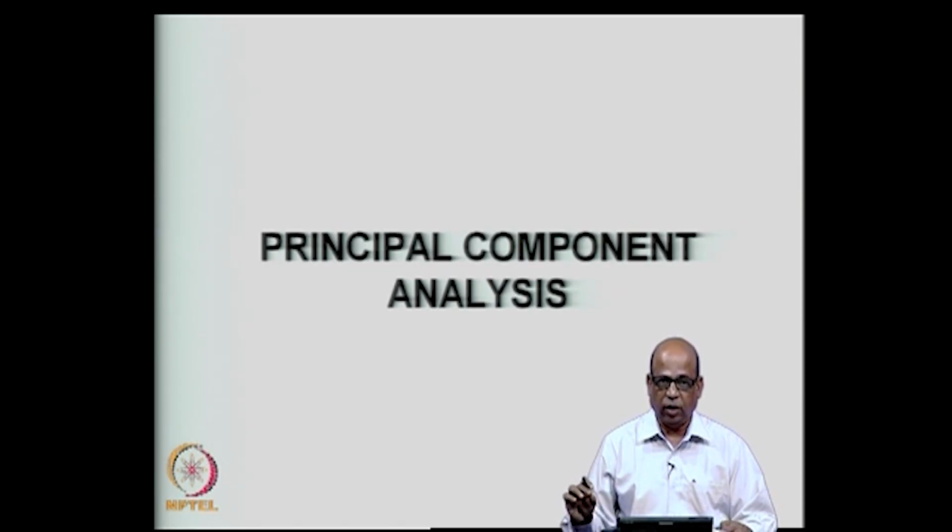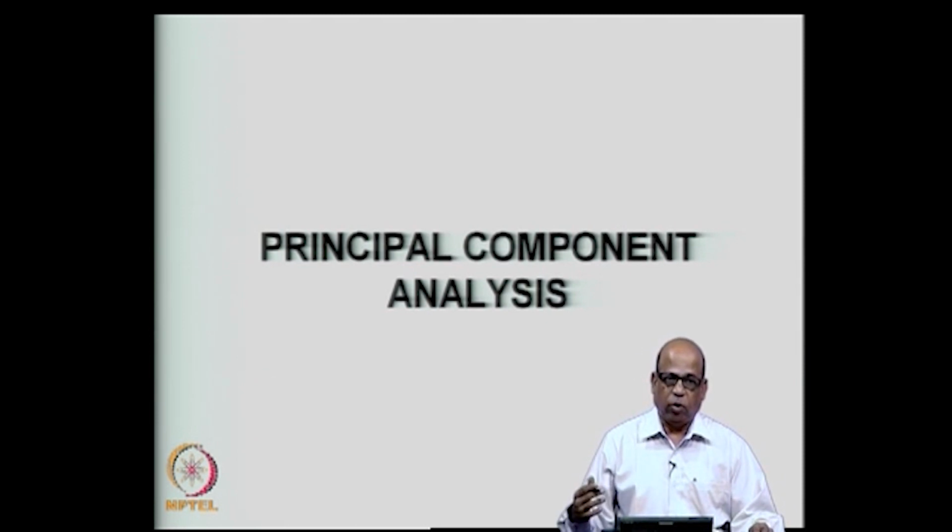So, we get n by q in that particular example. We also know from our earlier matrix algebra that a square matrix has associated with it eigenvalues and eigenvectors. So, we will start with a revision of the eigenvectors and eigenvalues, which are necessary for discussing the principal component analysis.